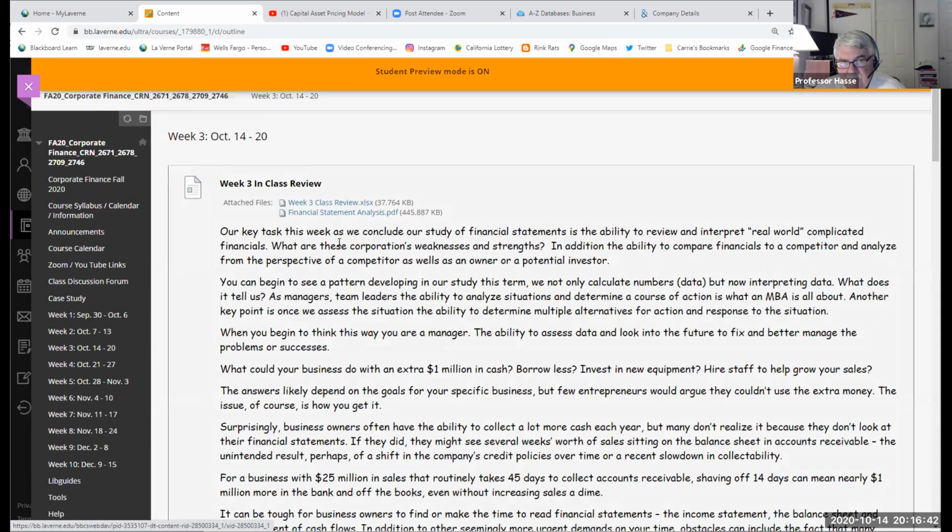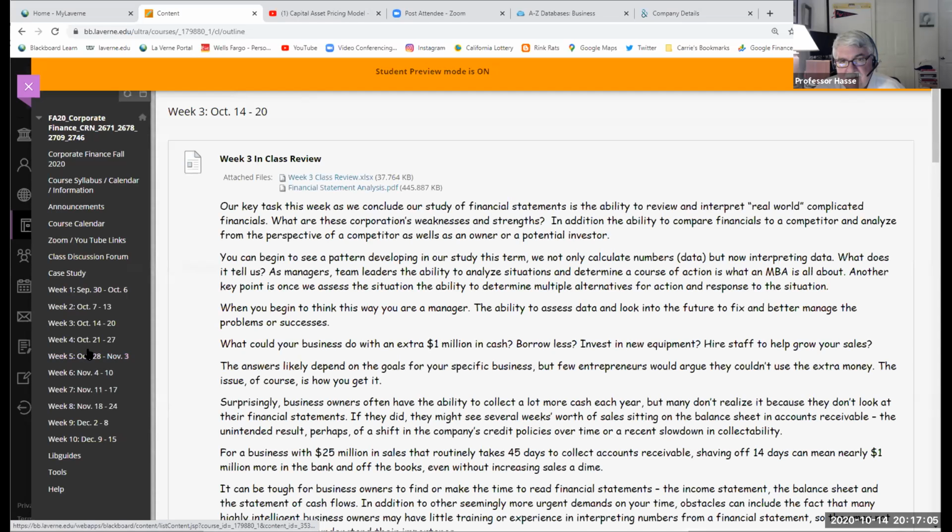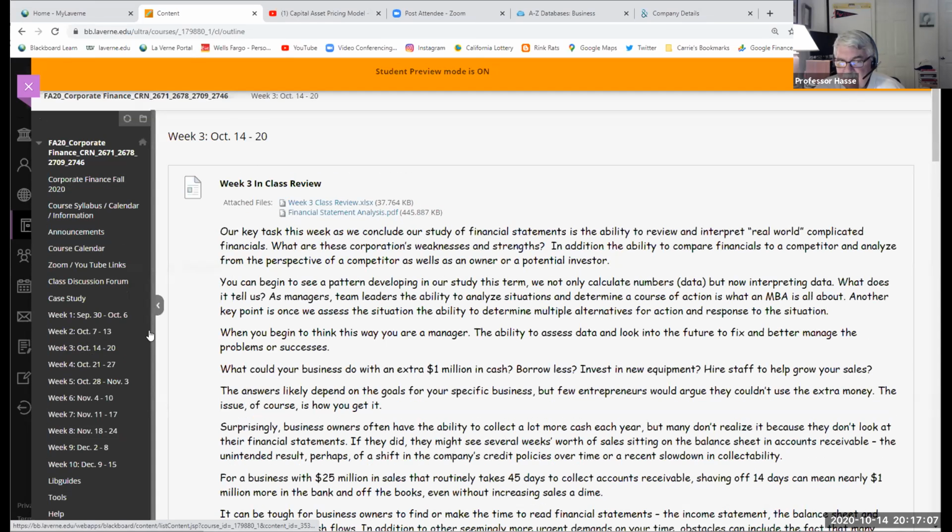Financial statement review. Here are those financial statement 4 key areas that you have to pick from. Last week in week 2, we had this spreadsheet that did the capital asset pricing model, which we saw a video and reviewed earlier. So I think you're in pretty good shape. Your job is to just wrap your arms around this and get at it.